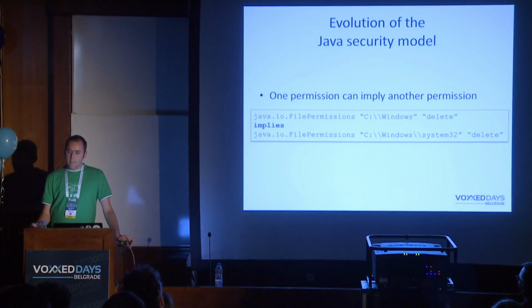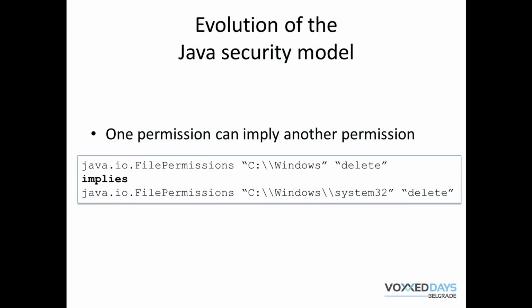So we have now a protection domain, and basically one specific thing about protection domains and the set of permissions that we have is that one permission can imply one or more other permissions. So in this example, if I say that I can delete the C Windows folder, and I specify that permission for one or more applets, then this permission implies that I can also delete the C Windows System32 folder.